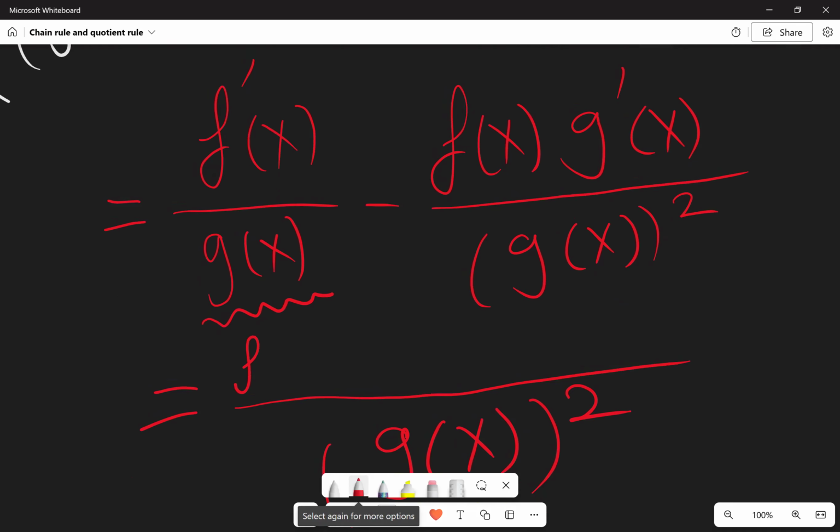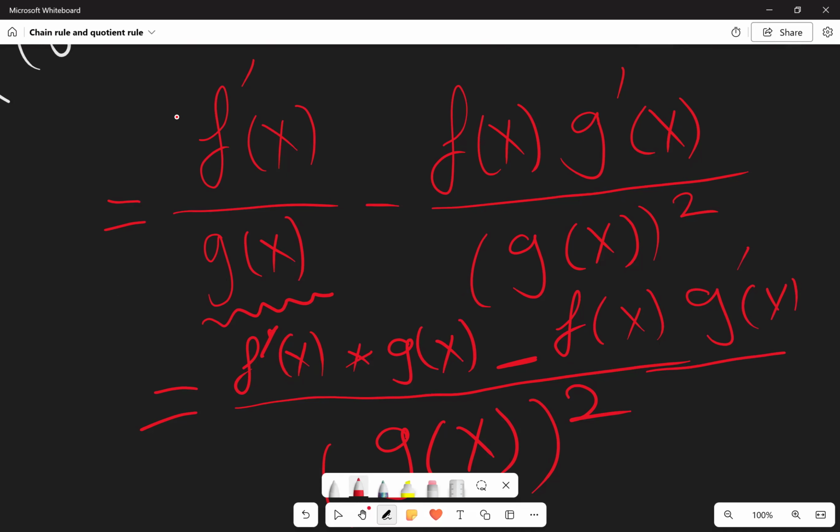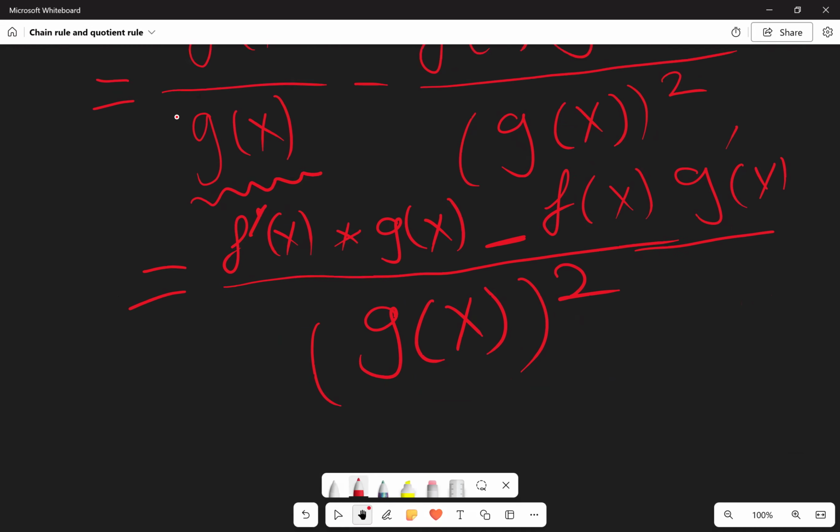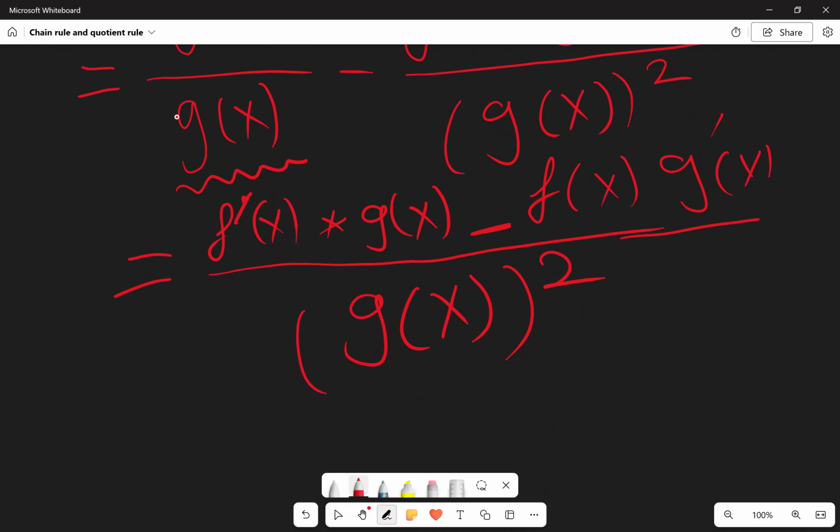So it's going to be f dash of x, the derivative of the function f, times g of x, minus, here the numerator of the second term stays as it is because we didn't change the denominator of it. So it's f of x times g dash of x. And this is the final version that is representing the rule for quotient, or the quotient rule.